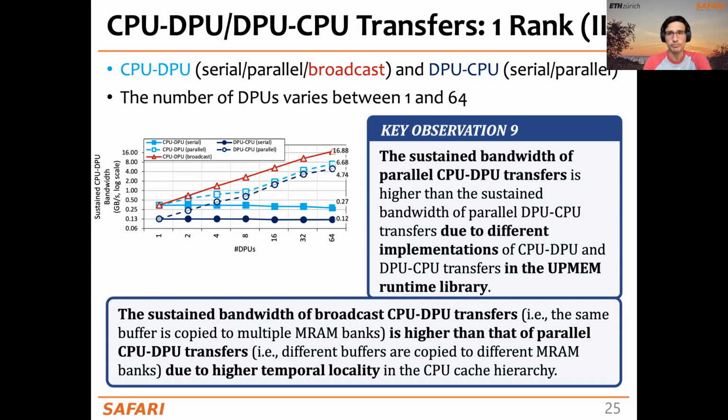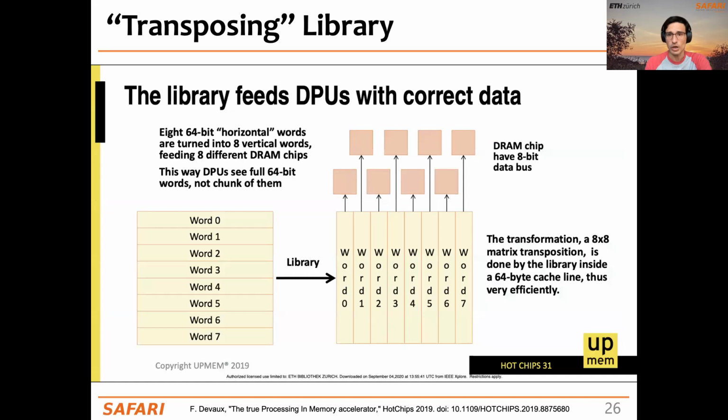Another thing to take into account when using these data transfers is that the library performs a transposition internally when we call them. The reason for that is that DPUs need a different layout from the conventional horizontal layout that we normally have in DRAM DIMMs.